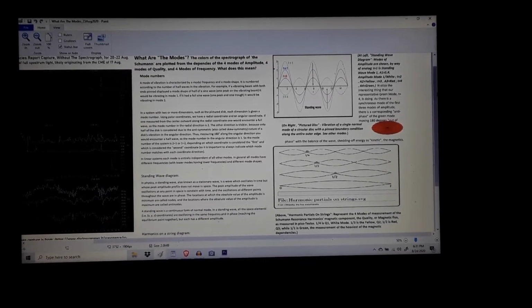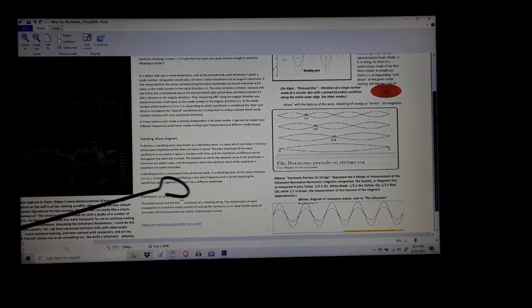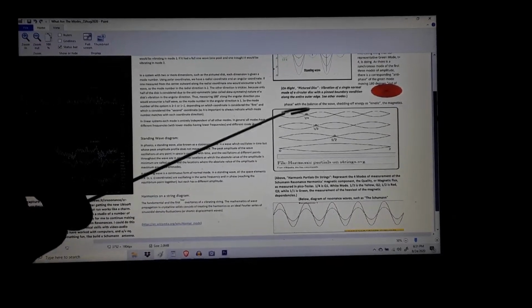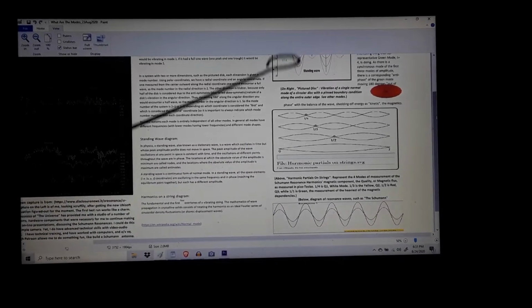So in physics, a standing wave is also known as a stationary wave. All right. So right here, this diagram and this diagram are over on Wikipedia. I'm going to go over there right now. Essentially, this is the harmonics on a string. This is the quality portion of that, the magnetics, the heavier latitudinal, I guess.